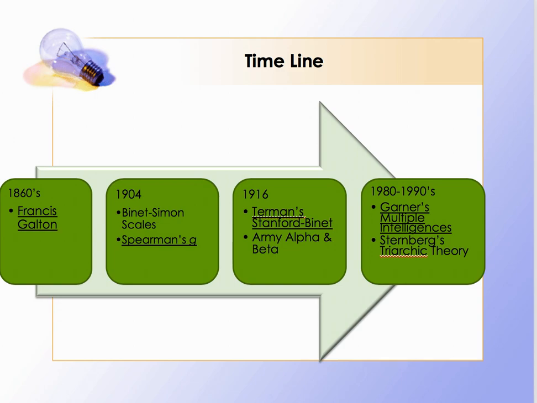Around this time, the Army Alpha and Beta tests were also developed. And this was by Robert Yerkes in World War I to test for U.S. military recruits, and it was in group format in order to classify which jobs military members may work well with.